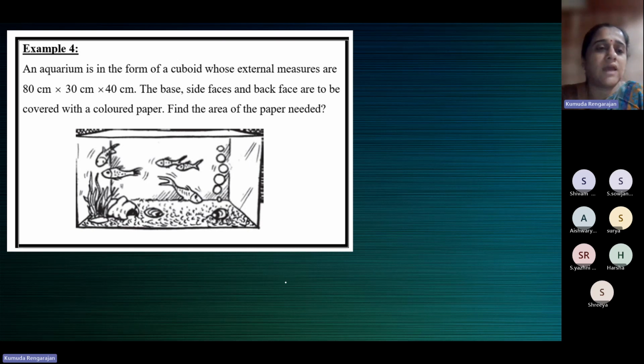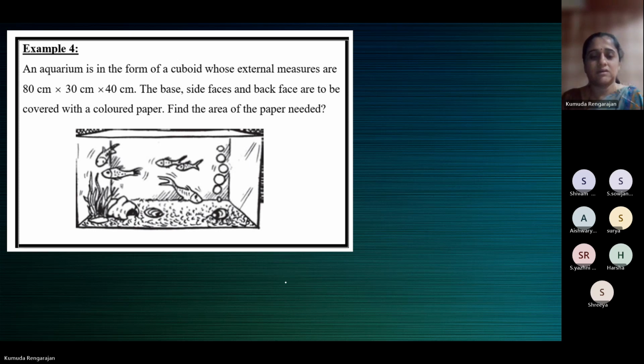So here, children, an aquarium is in the form of a cuboid whose external measures are 80 by 30 by 40. 80 is the length, 30 is the breadth, 40 is the height. The base, the side faces and the back face are to be covered with colored paper.